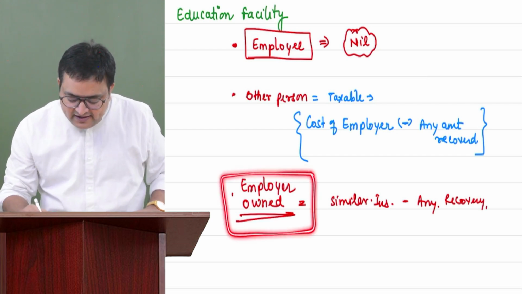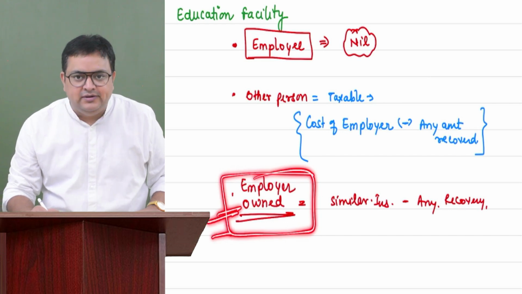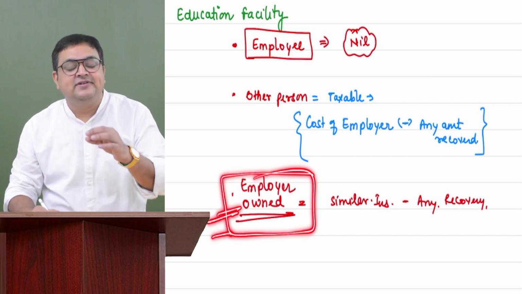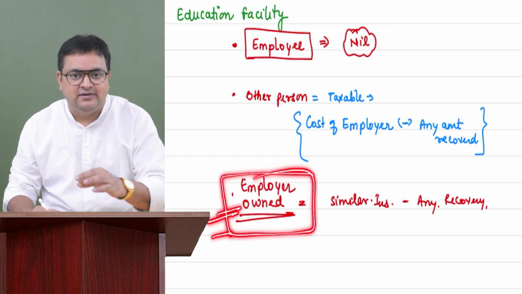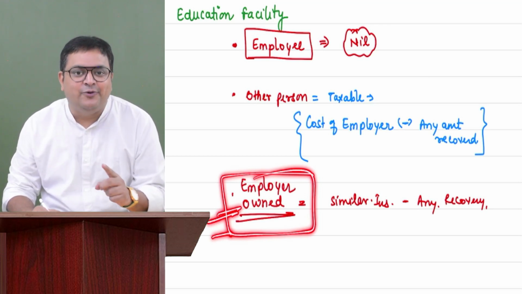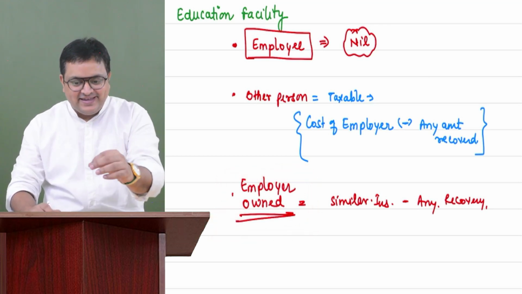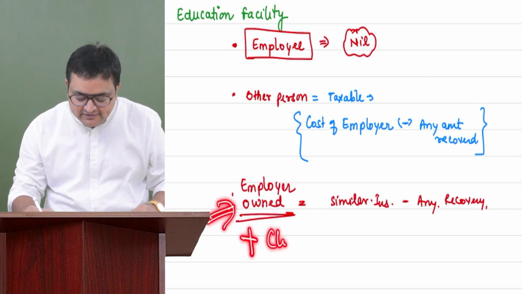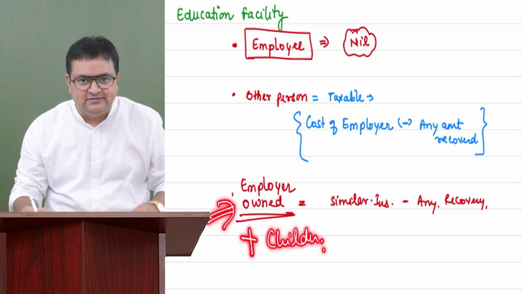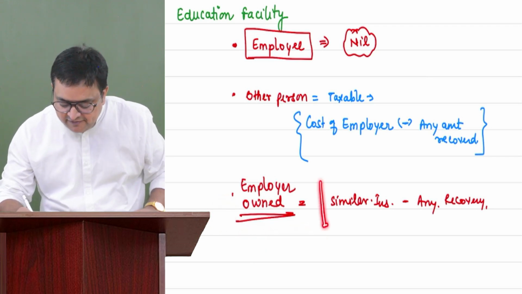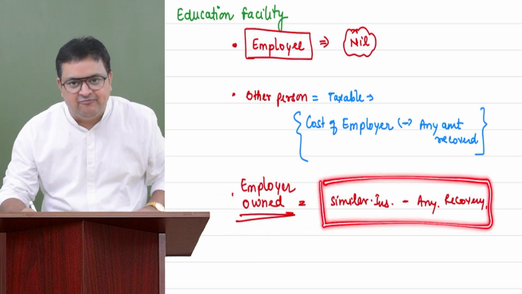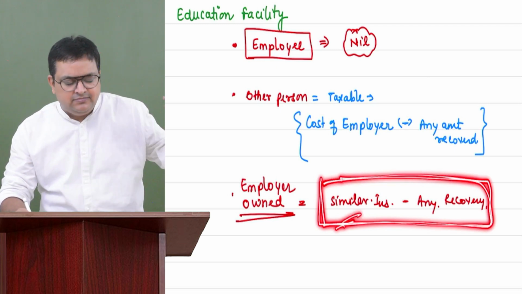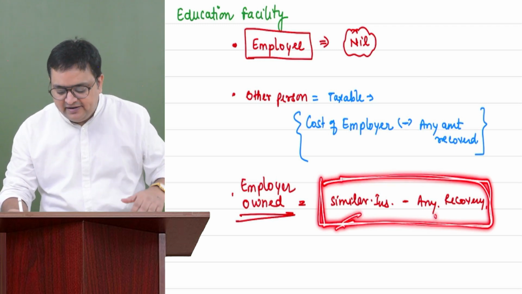If it is the case of an employer-owned institution and the education is provided to children, I'm again repeating, this is important. If it is an employer-owned institution plus it is provided to children of the assessee, in that case, we will first calculate the value of the perquisite: the value of the similar institution minus any recovery, right?